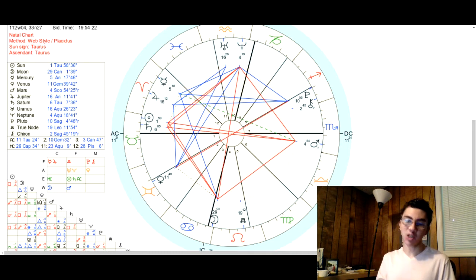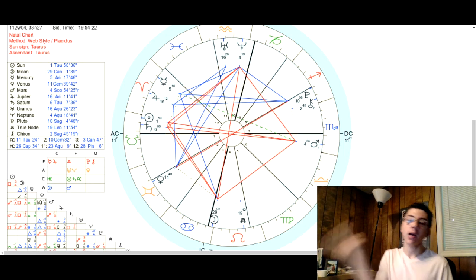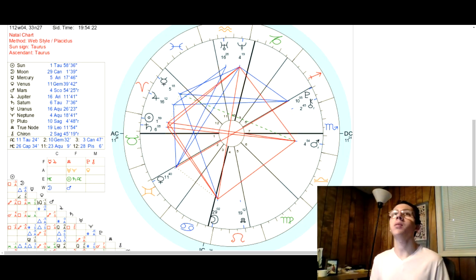Then we have the opposition, which is 180 degrees apart. Let's say we have Jupiter opposite Neptune. Jupiter was in Virgo, I believe the dates are August 11th, 2015 through September 9th, 2016, and Neptune in Pisces.